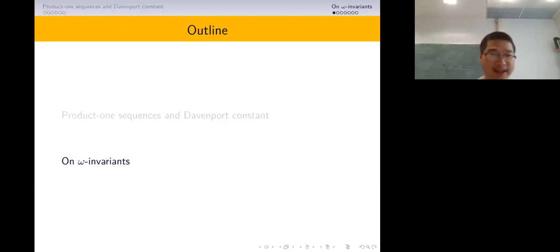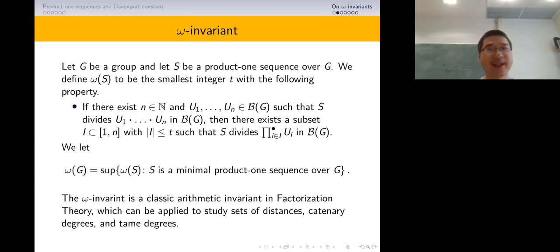Okay, next we will talk about the omega invariant. First, we give the definition here. Let G be a general group, and let S be a product-one sequence over G. We define omega(S) to be the smallest integer t with the following property.